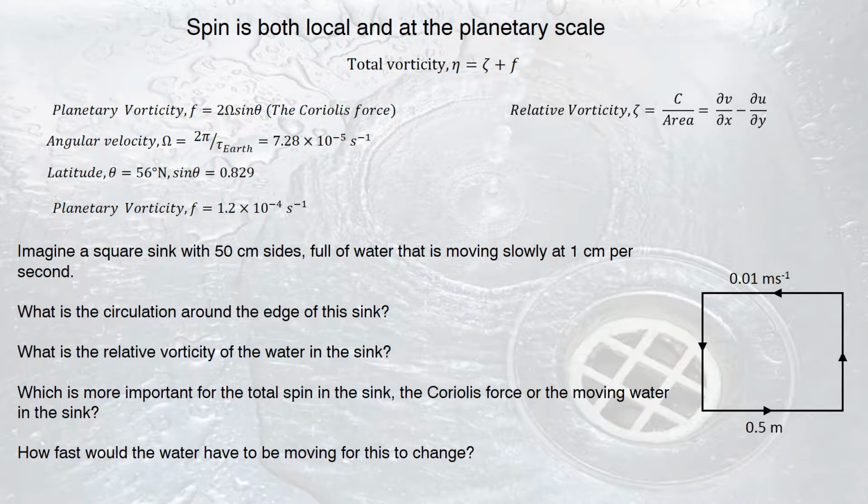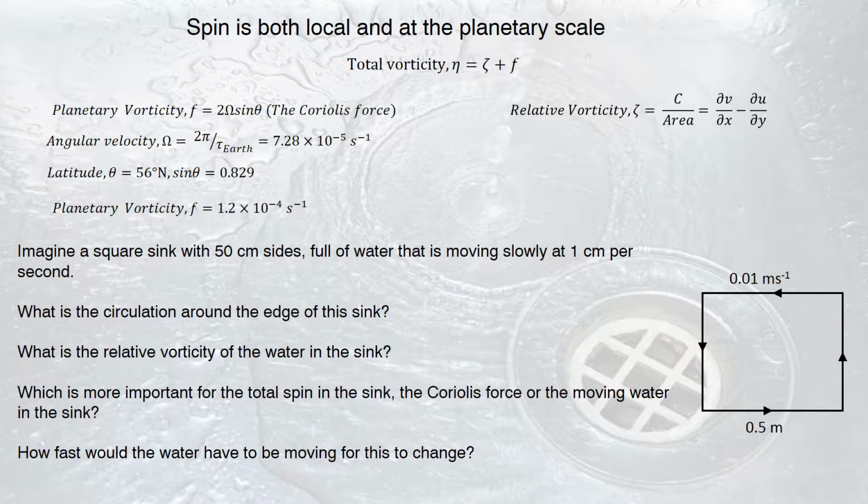So the relative vorticity is now smaller because I've made the sink bigger, for the same speed of water moving around. It's still not smaller than the planetary.